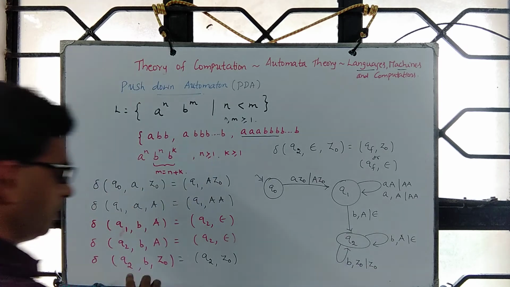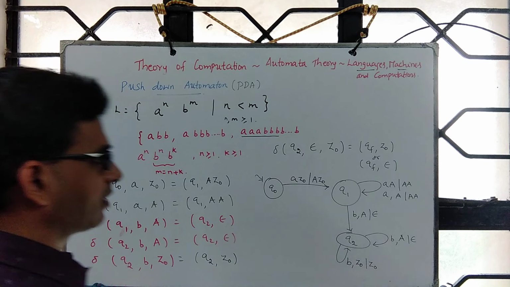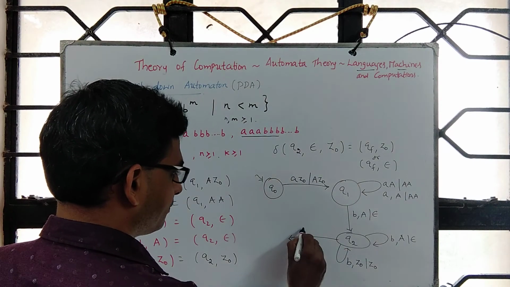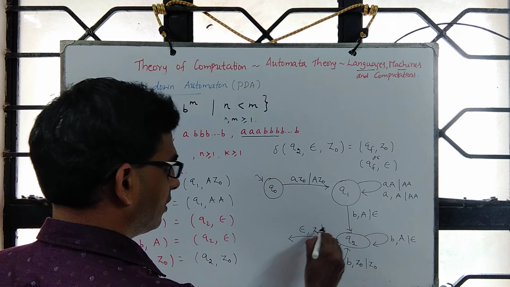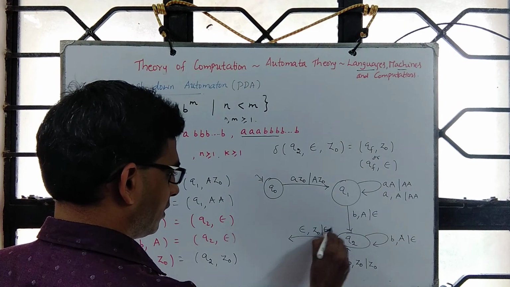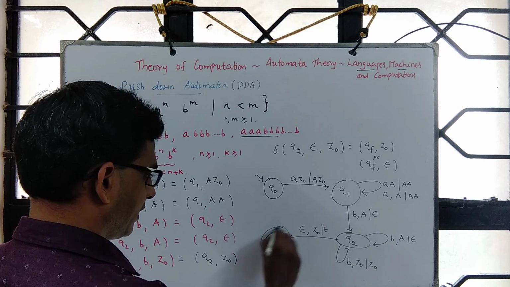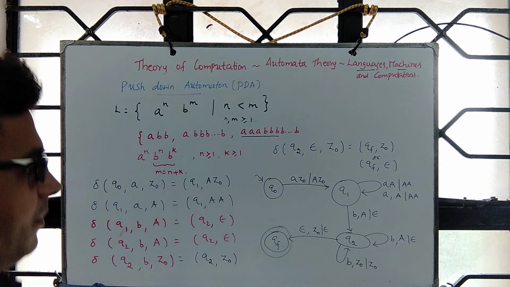We simply scan through all of them and we do not change the stack. And at some point in time we exhaust the input, top symbol is Z0, you say Z0 or epsilon and reach the final state. Okay.